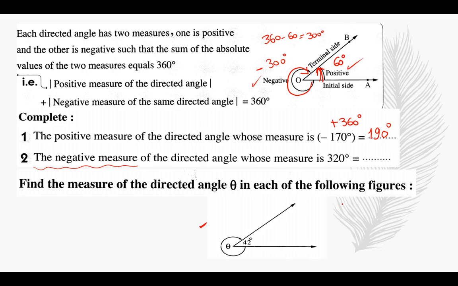And to find this measure, we will subtract 360 minus 42. 10 minus 2 equals 8. 35 minus 4 equals 31. So the measure of this angle is 318, but because the rotation is clockwise, the measure of this angle will be negative 318 degrees. Okay, let's go to another slide.